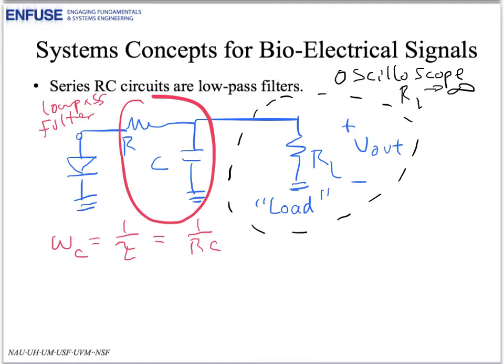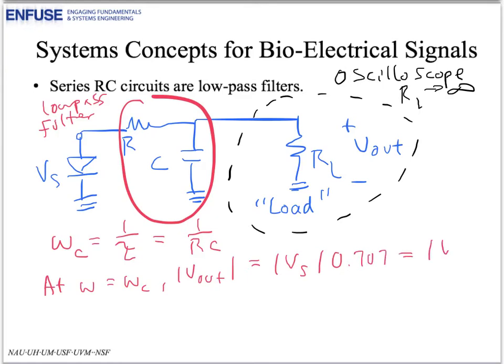At the cutoff frequency, when omega, the frequency of the signal, is equal to the cutoff frequency, then the magnitude of V out is equal to the magnitude of the source voltage, V sub S, times 0.707, or the magnitude of V sub S divided by the square root of 2.